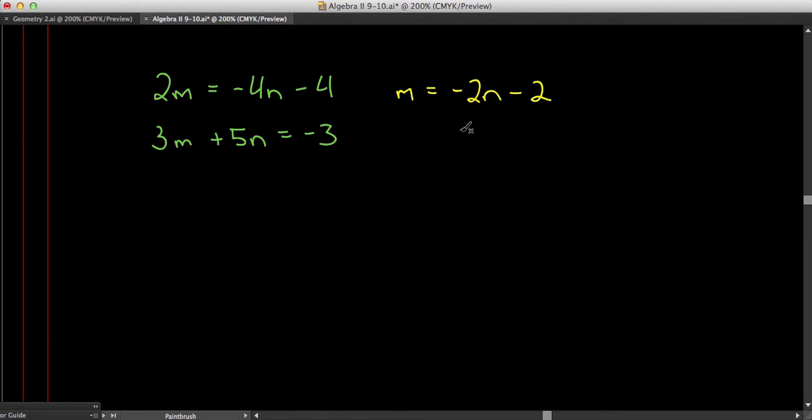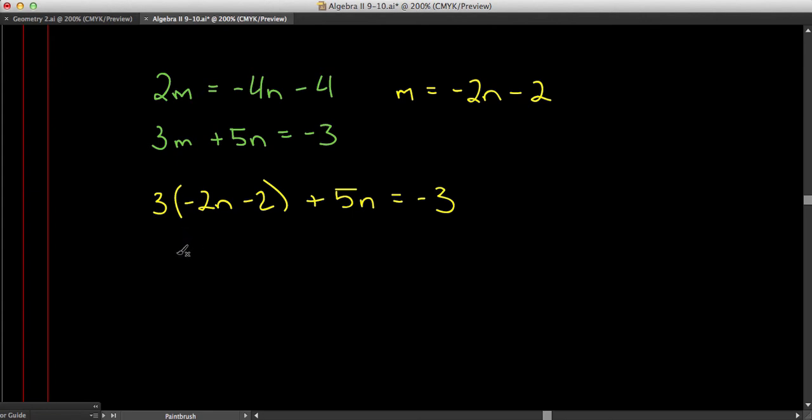Okay, well now I can take this expression and plug it into the second equation. So 3 times the quantity negative 2n minus 2, plus 5n is equal to negative 3. So all I did was take this expression that we know is equal to m, and plug it in for m in the second equation, and then we have this.